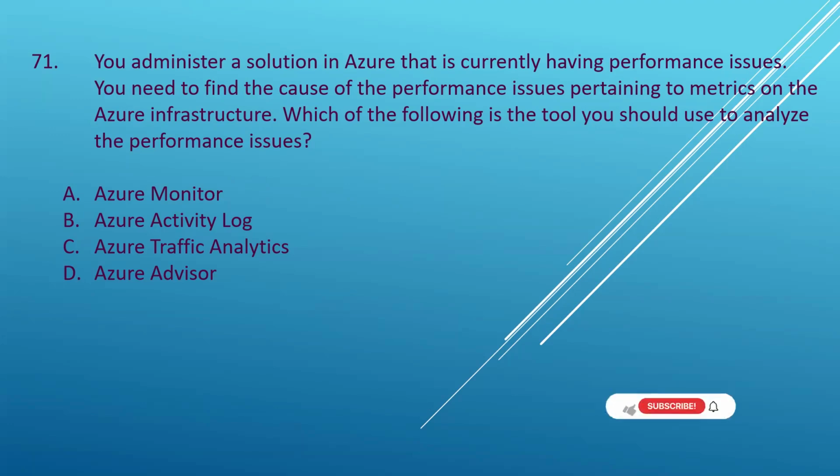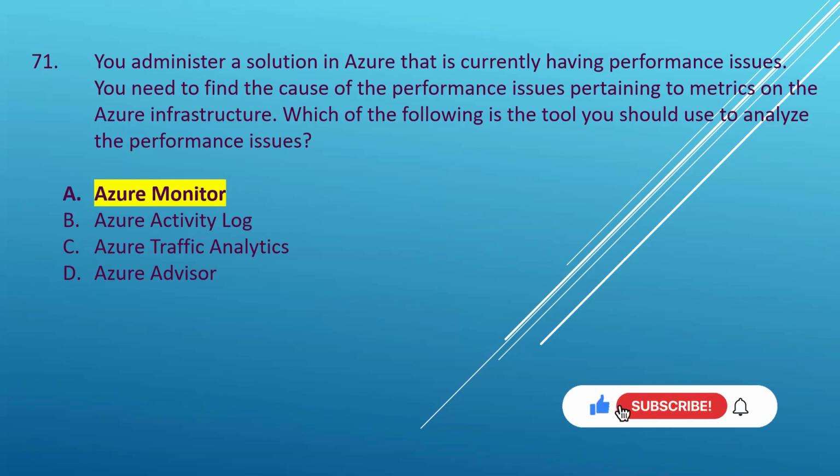Azure Monitor is the tool you should use to diagnose performance issues related to metrics on the Azure infrastructure. It helps you gain insights into the performance and availability of your application and resources by collecting data from various sources, including metrics, logs, and activity data. Let's now look at why others are not right.